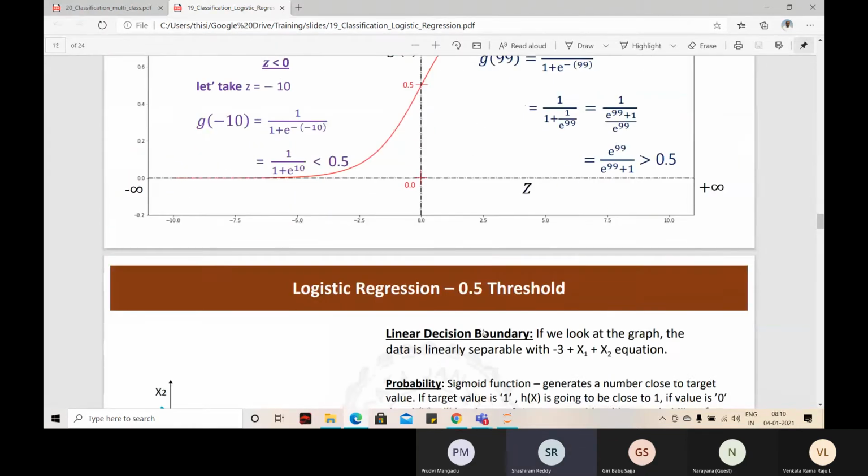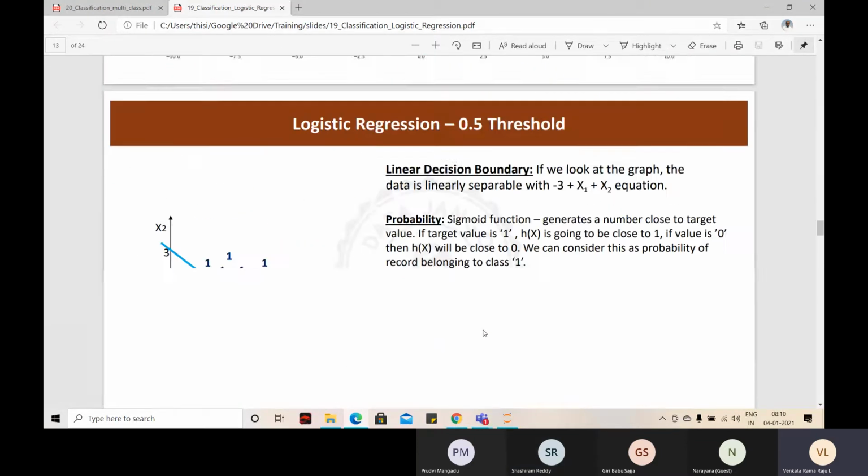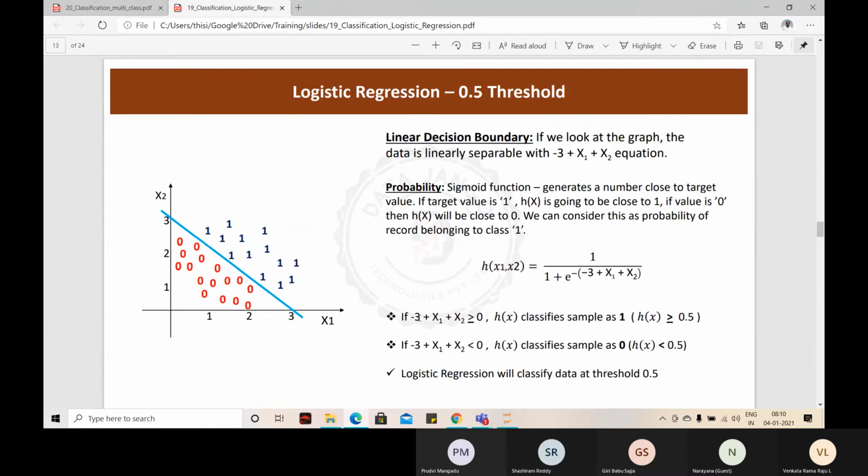Is it always? I don't think so. If you look at this example, you will understand. When you take an equation and substitute the values of the positive records, you will always get a value greater than 0. So below the decision boundary is all going to be negative, above is all going to be positive.